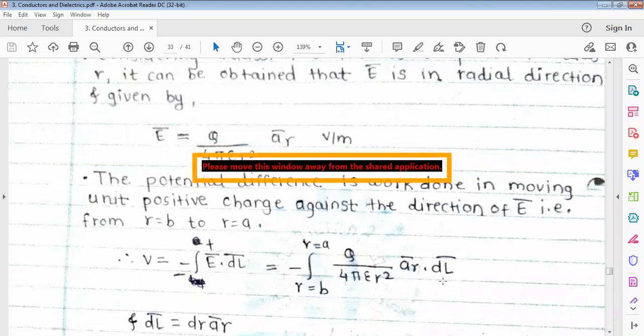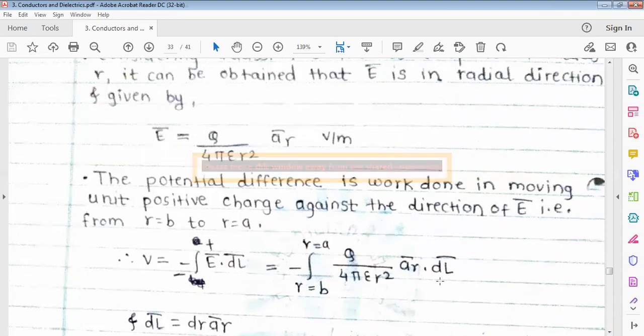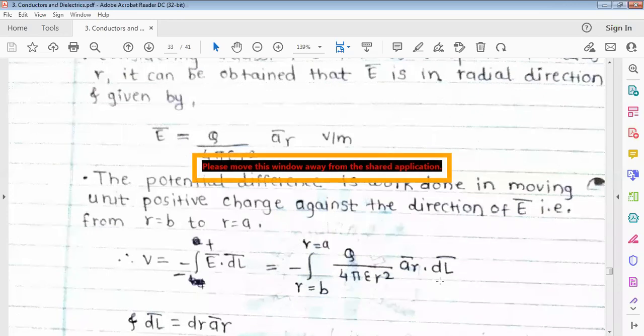Can anyone tell me what is dl bar in spherical coordinate system? The coordinates are r, theta, and phi. If the coordinates are r, theta, and phi, what will be the dl bar in spherical system?